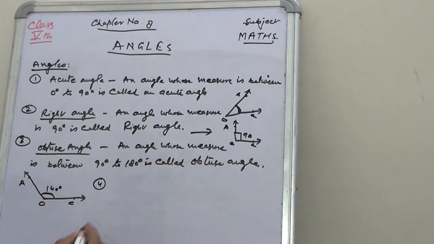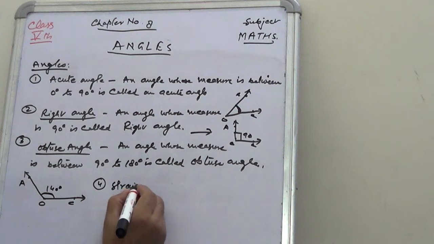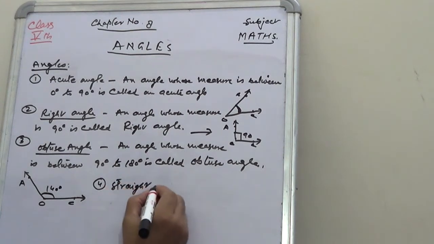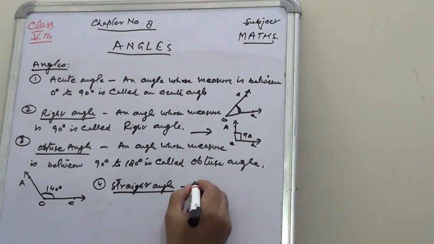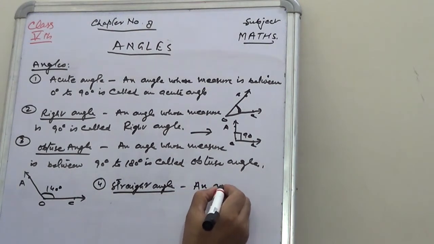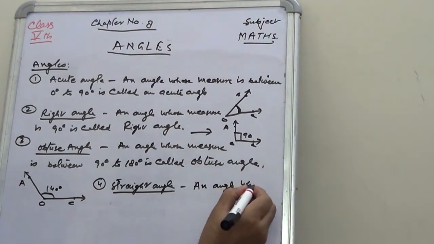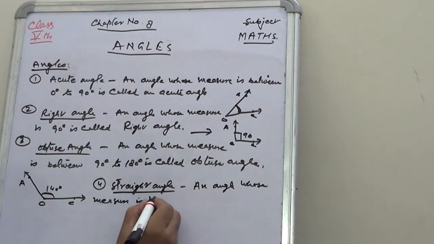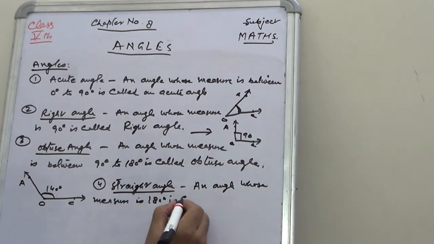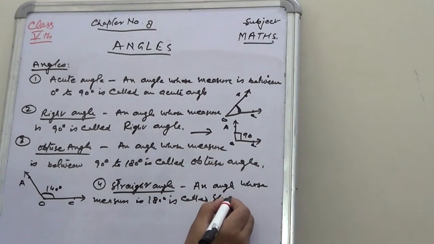Now the fourth angle is the straight angle. An angle whose measure is 180 degree is called a straight angle.